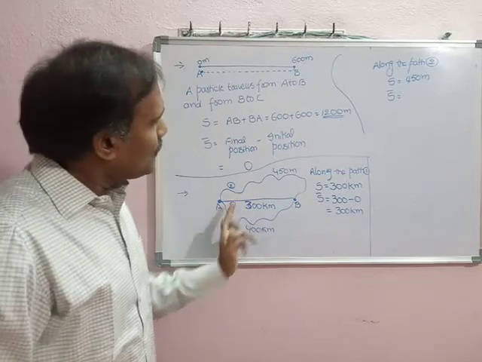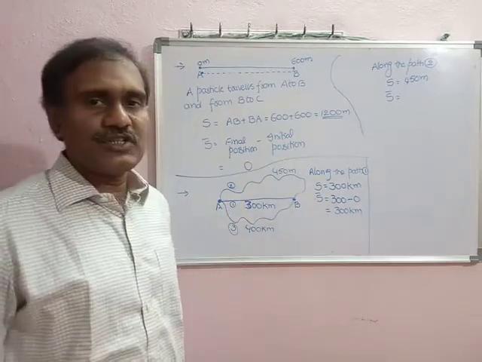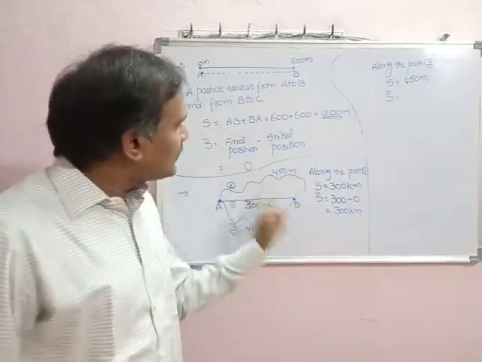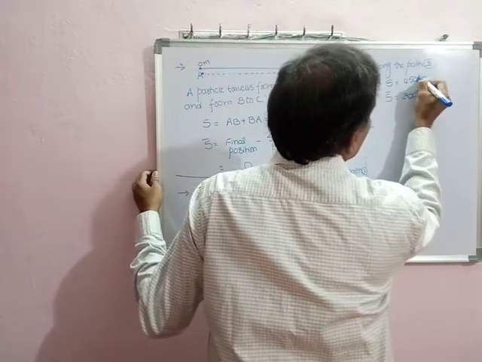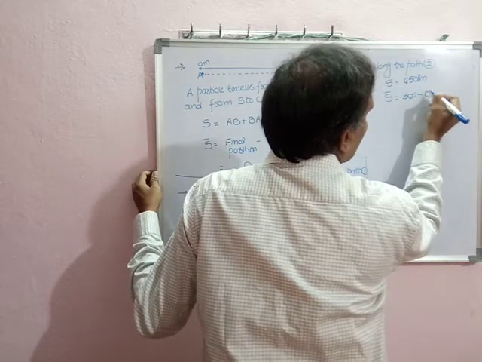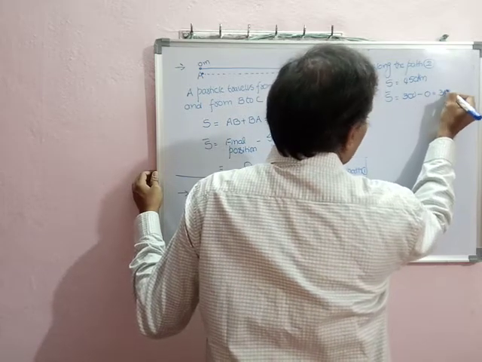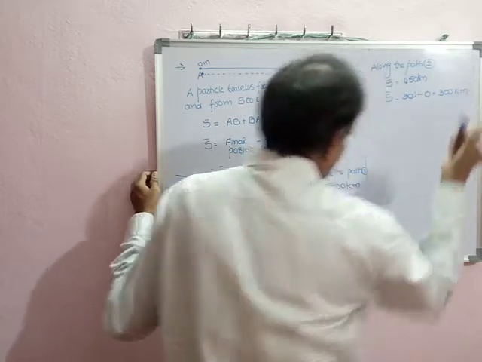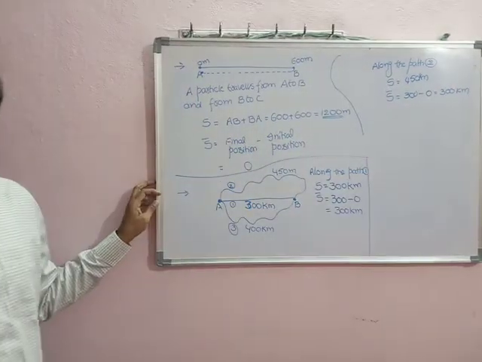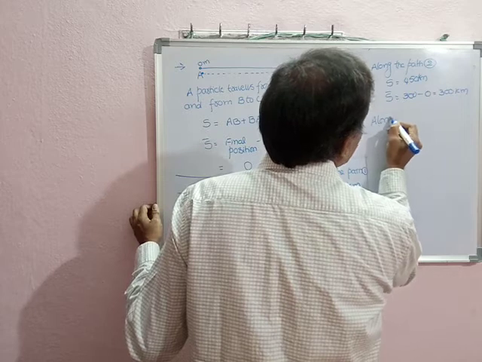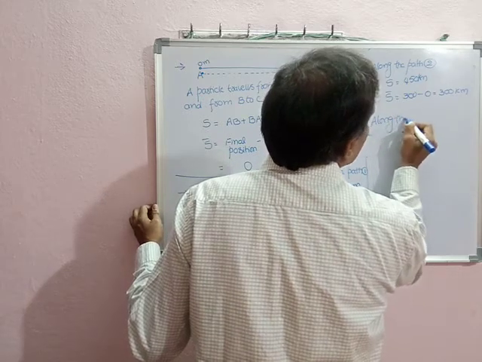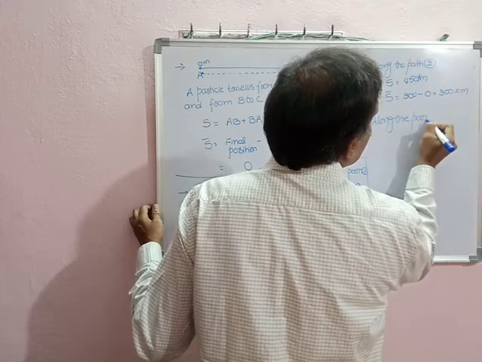Here also, final position minus initial position. For this path also it is 300 kilometers minus 0 kilometers, which is equal to 300 kilometers.